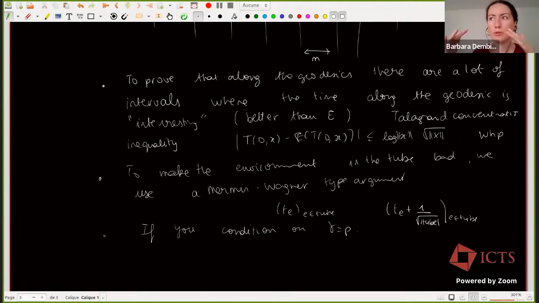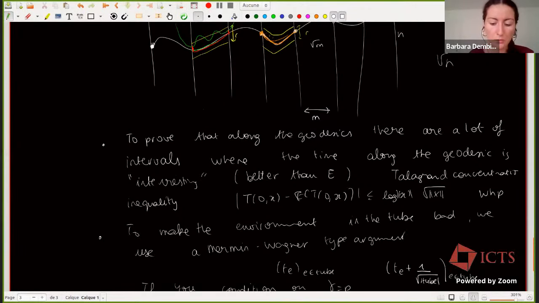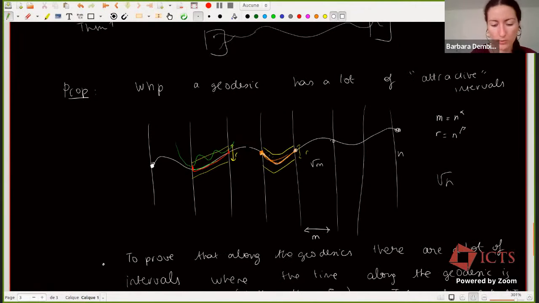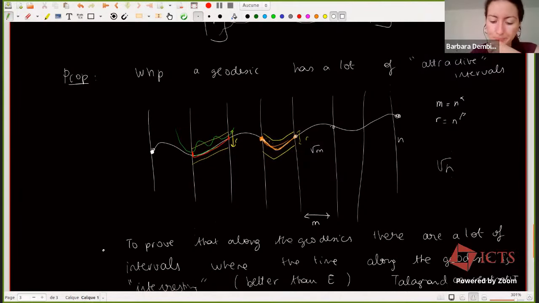The worse, the higher the times outside P, the easier it is for gamma to be equal to P. So you use here FKG and stochastic domination on the times. Okay, but really, this proposition is to say that you can ensure that a geodesic has a lot of attractive intervals.